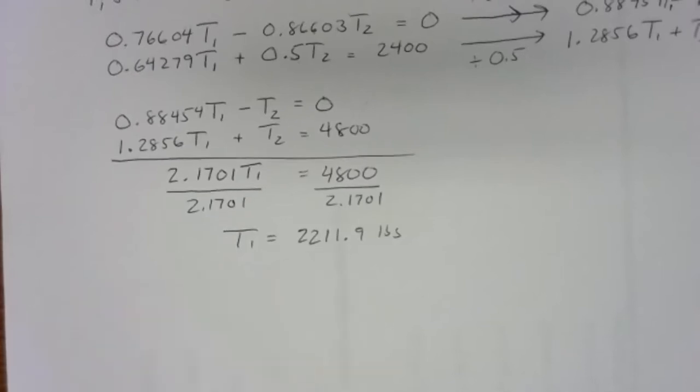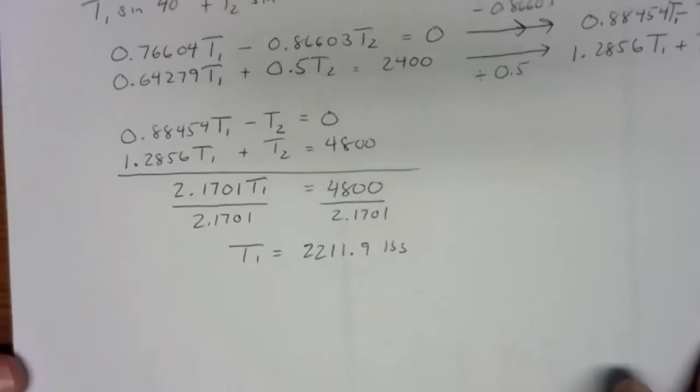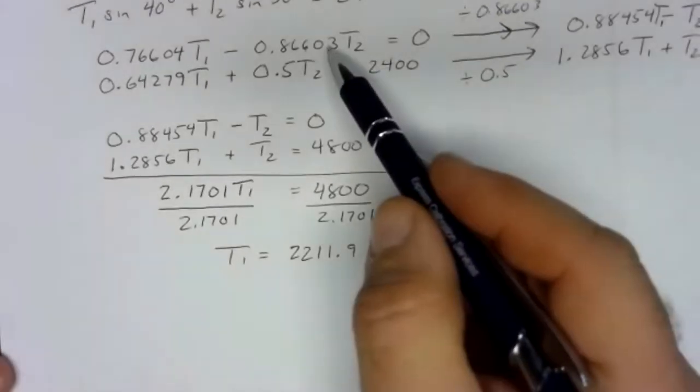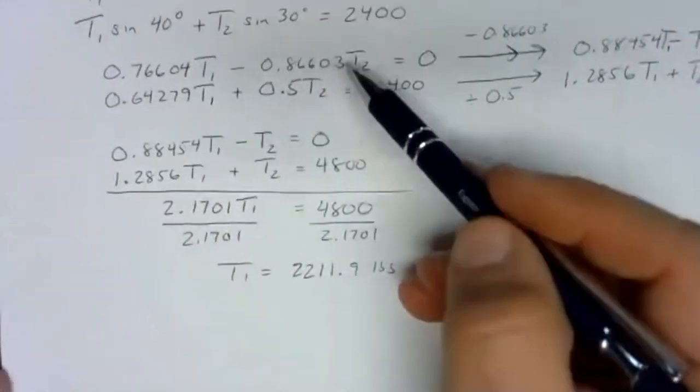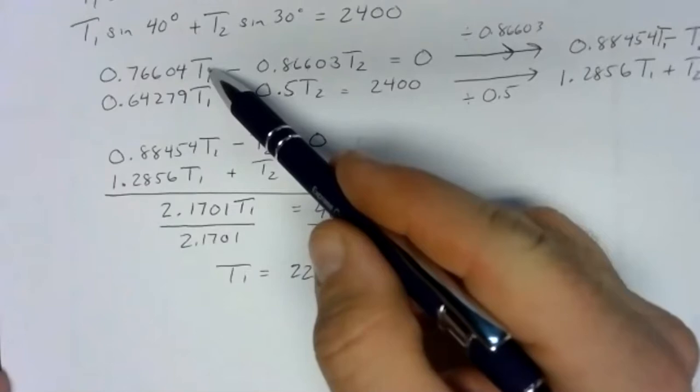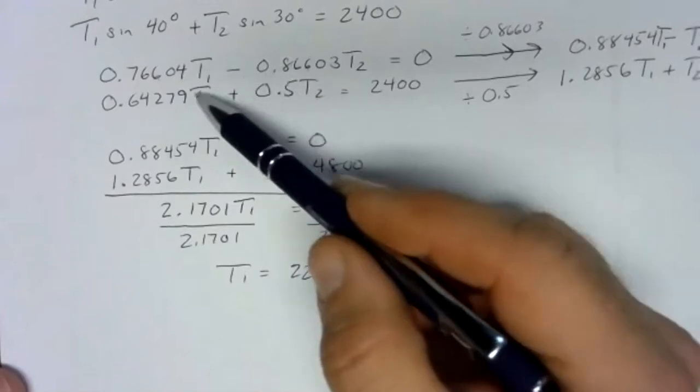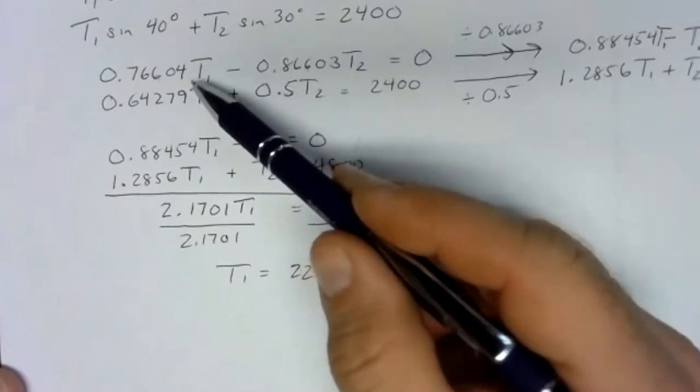So that's my value for T1. Now that we have one value for T1, we can go back to our original equations and plug that in and solve for T2. And looking at the original equations, I wouldn't go all the way back to here because we're just going to repeat some work there, but I'd go to this one here. I'd probably use the x direction equation for that since it's a little tiny bit simpler.